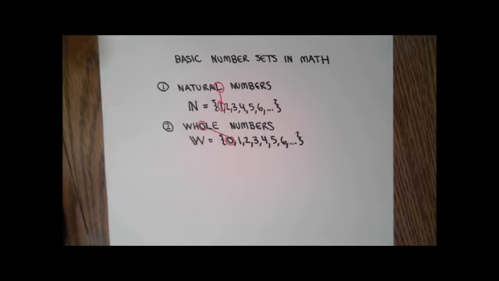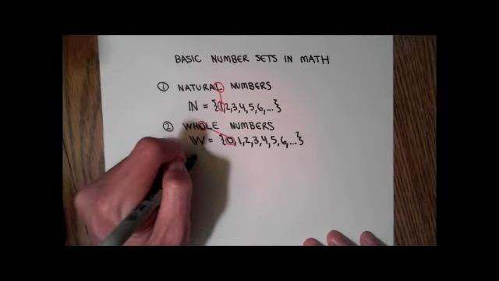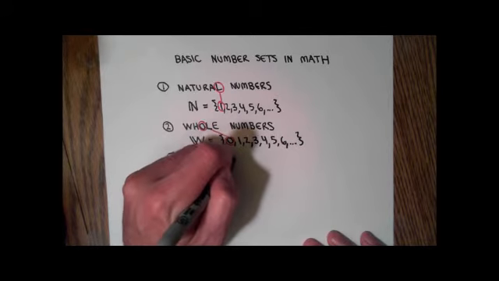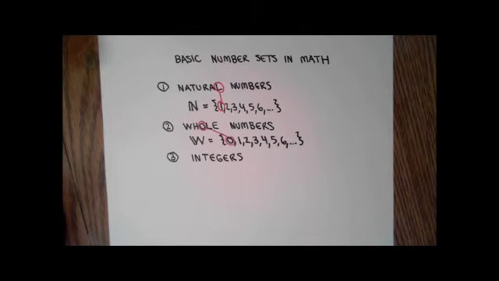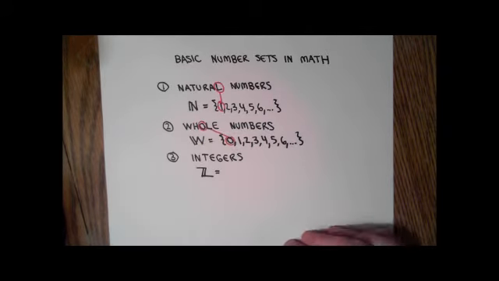And then we also have what is called the integers, the set of integers. And now we also include negatives. And this is actually written using a Z. Some of you probably were guessing that it was going to be an I, but we don't really like to use I as a variable in mathematics.